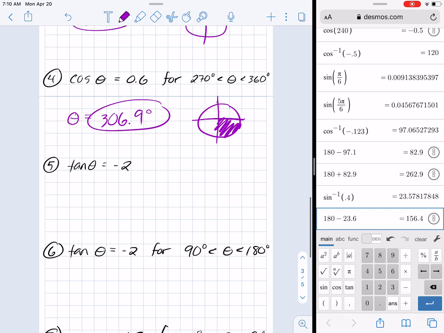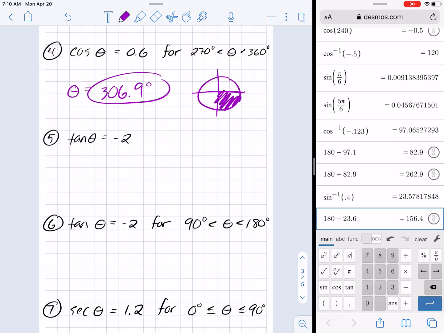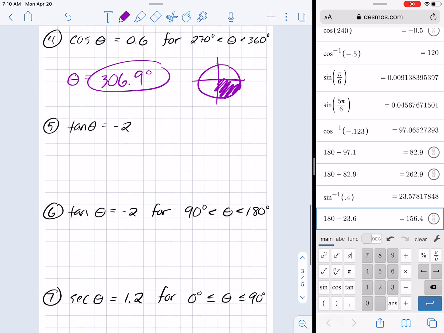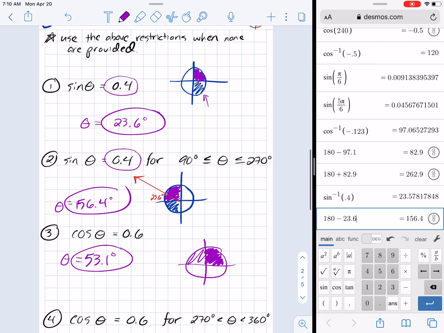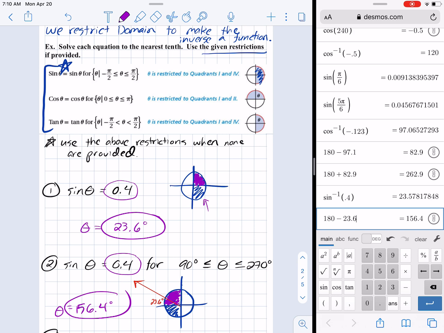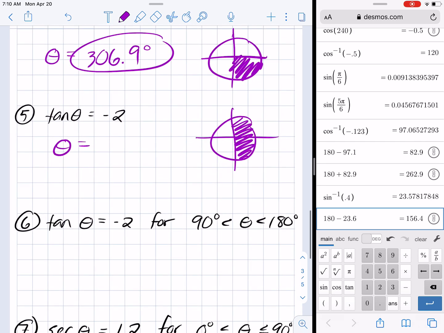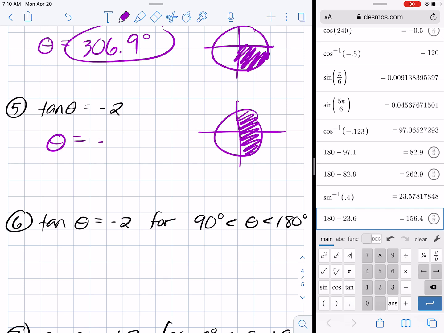For number 5, what angle measure gets us a tangent trig ratio of -2? Tangent's restricted to these 2 quadrants when it's not given, right? Go up here and look at this chart. Tangent is restricted, just like sine, to quadrants 1 and 4. So theta would have gotten you -63.4 degrees.